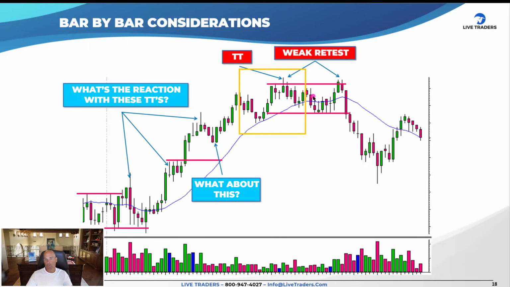So now, once we see these markers, if you want to call them that, right into here, what is our thought process if we're expecting a transition? What would be the next thing we want to see?